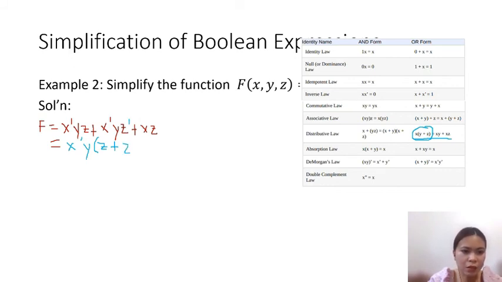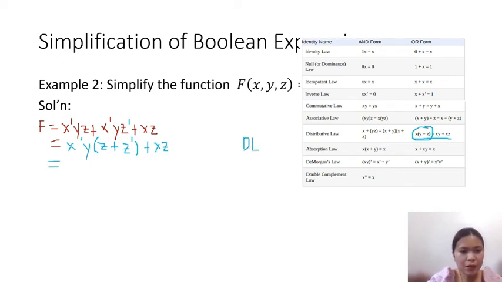So this is not z. And then copy the remaining variable, which is x and z. And then here on the right side, you can write the law that you use. So I'm going to write here DL for distributive law.